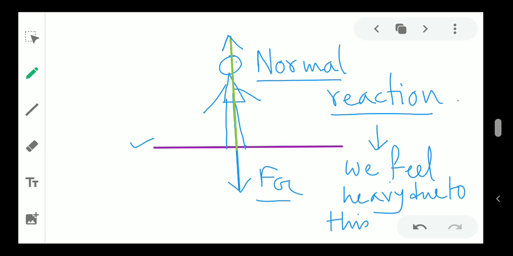So the normal reaction is given by the ground to us. So because the ground is giving normal reaction force to us, we can feel this force, and that's why we feel heavy.